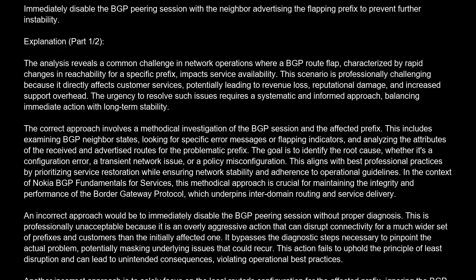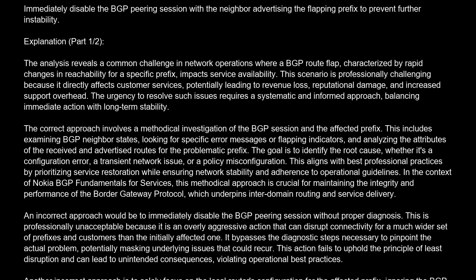This aligns with best professional practices by prioritizing service restoration while ensuring network stability and adherence to operational guidelines. In the context of Nokia BGP fundamentals for services, this methodical approach is crucial for maintaining the integrity and performance of the Border Gateway Protocol, which underpins interdomain routing and service delivery.